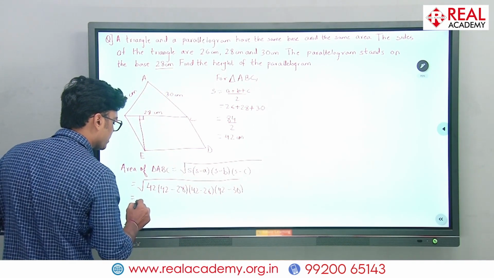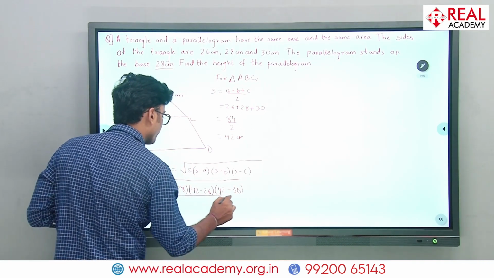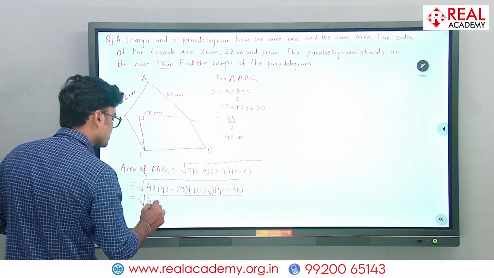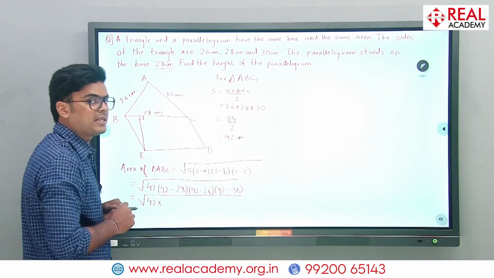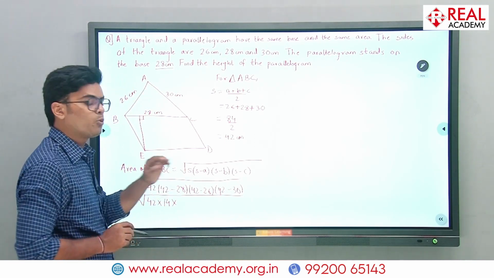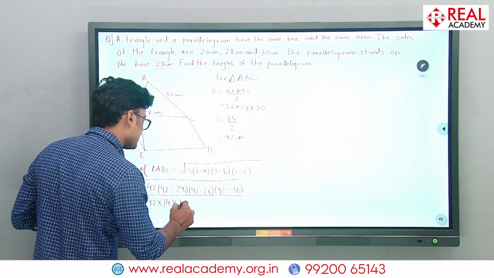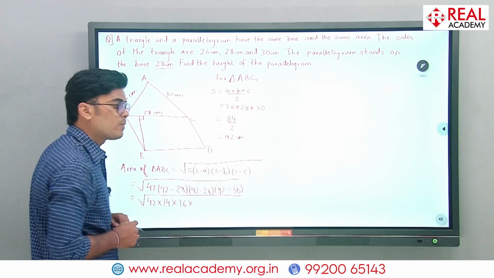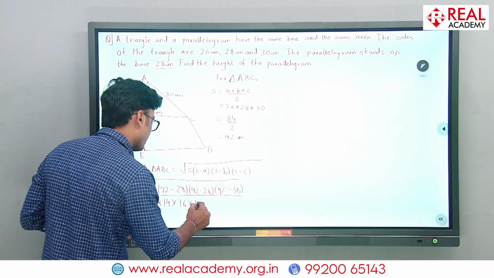Upon solving further, this is square root of 42 as it is, 42 minus 28 which is 14, 42 minus 26 which is 16, and 42 minus 30 is 12.